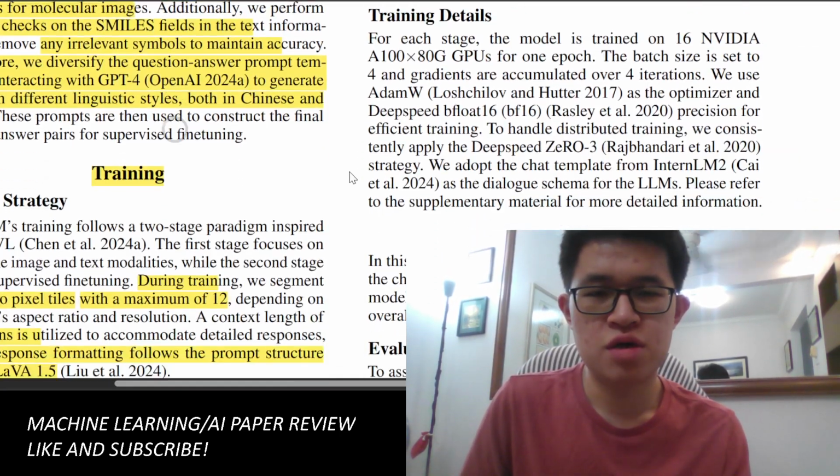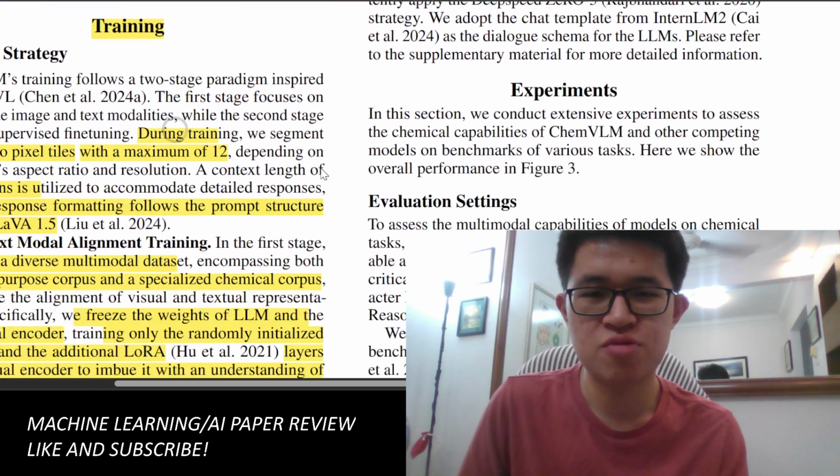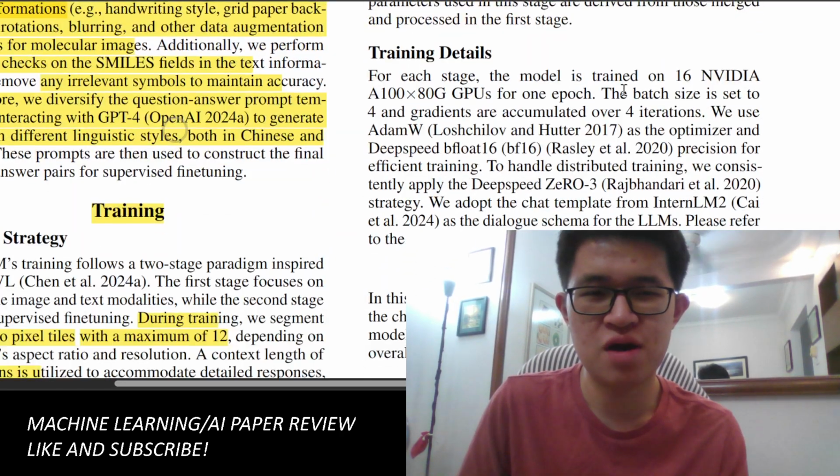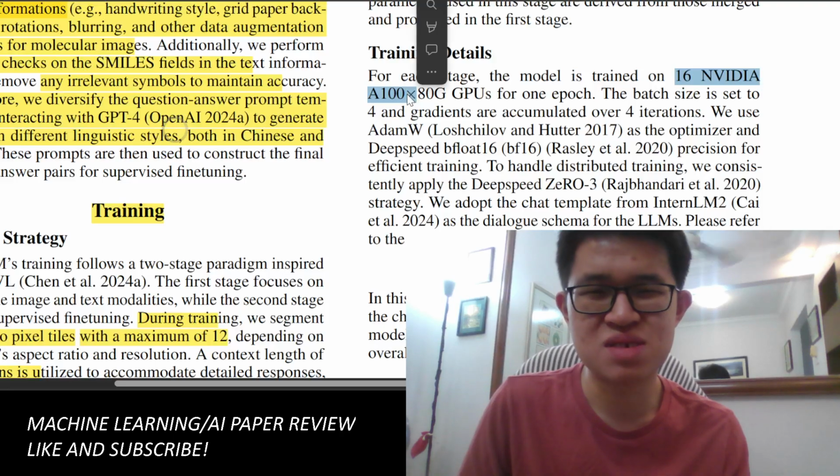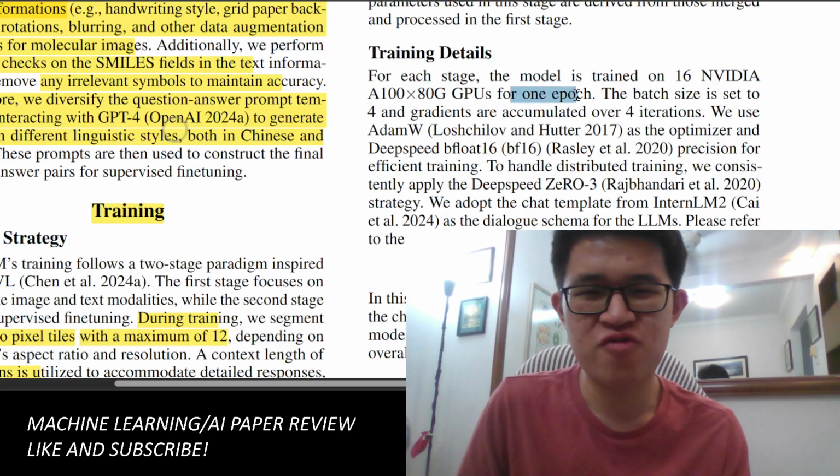Got it. Then they talk about their configuration, but that's not really that important. They're kind of flexing here: 16 A100 GPUs, and they only fine-tuned it for like a single epoch.